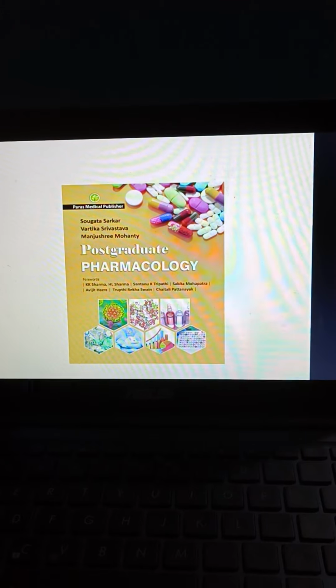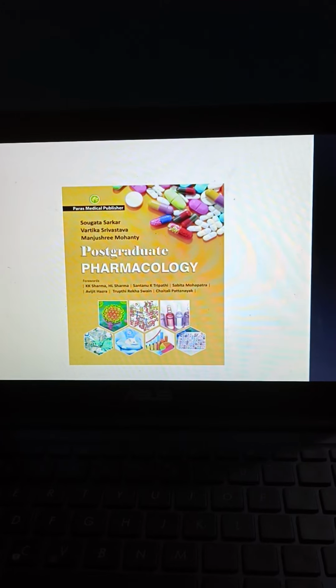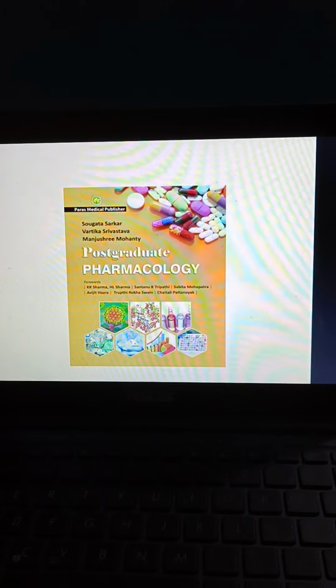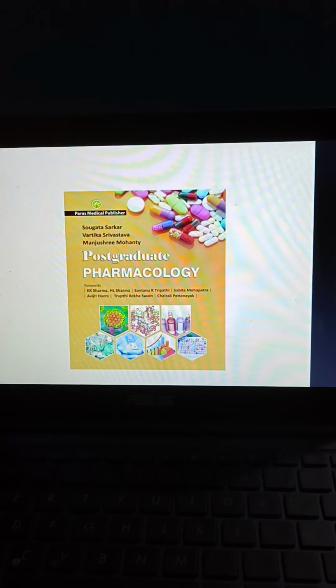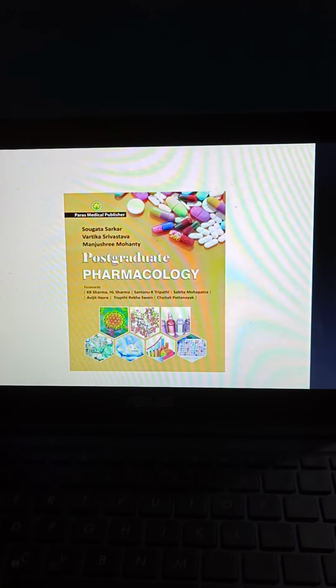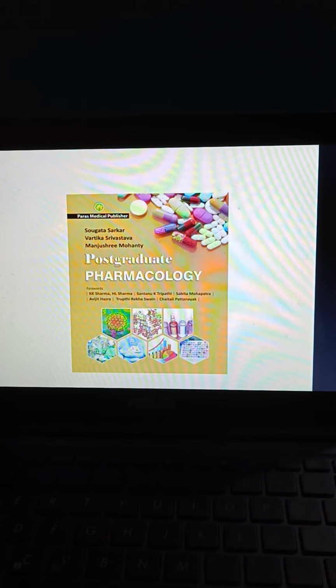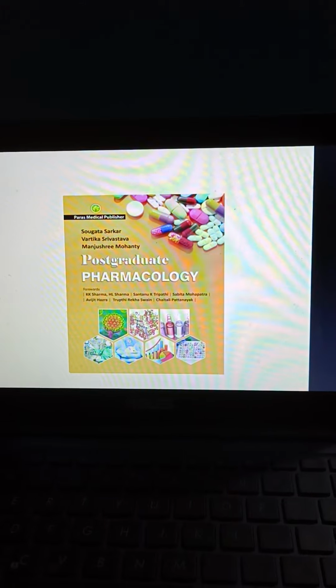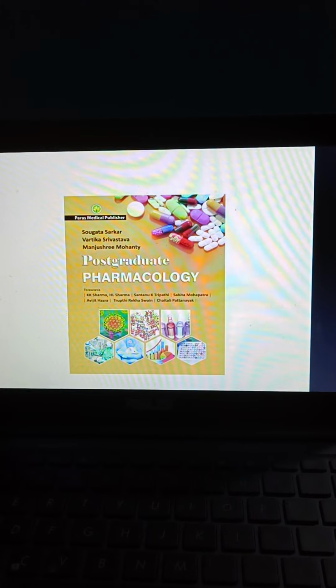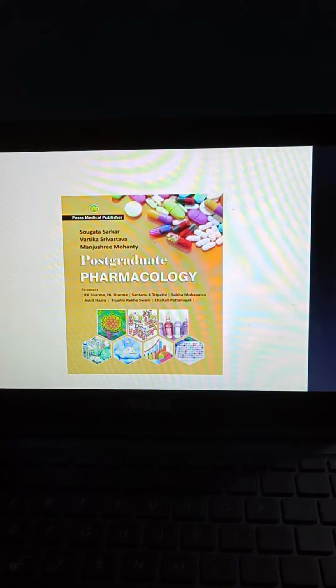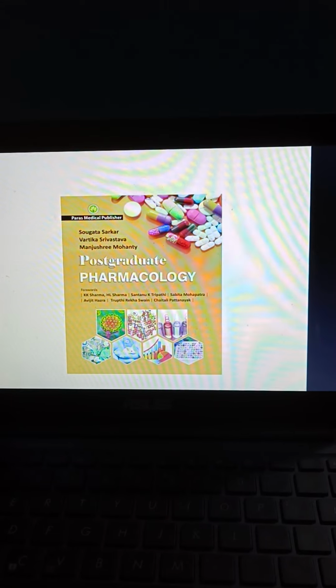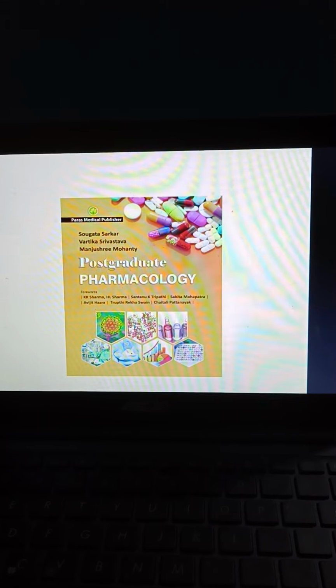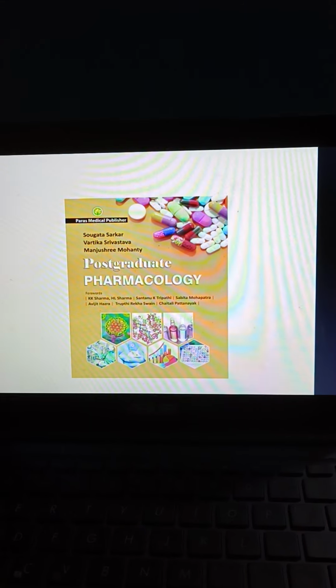Anyone can go through this book and you will get a lot of knowledge from it. You can improve your knowledge if you go through this book. Also, if you want to gain more knowledge, you can go through guidelines and other articles also.